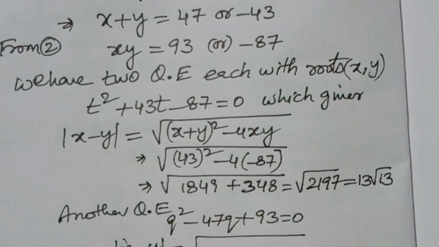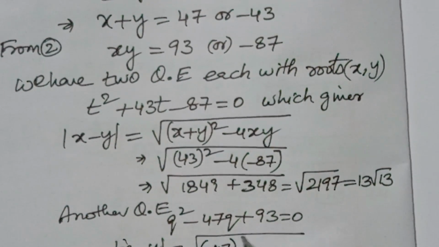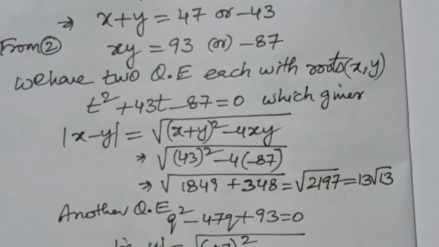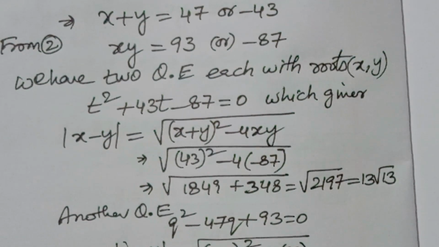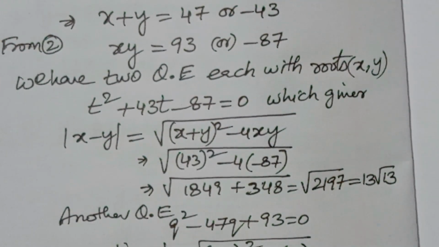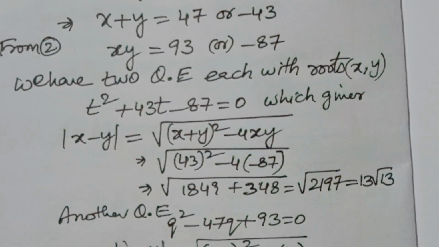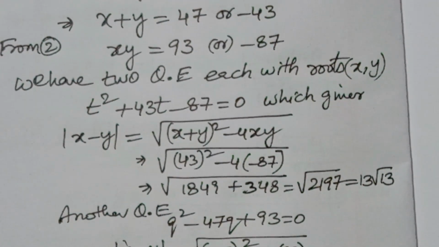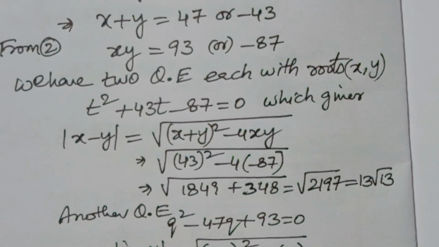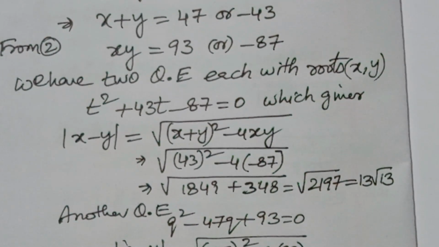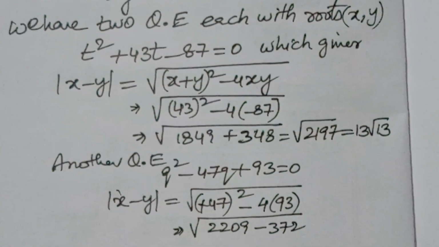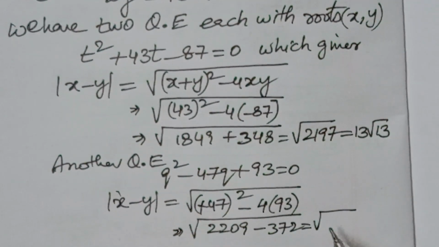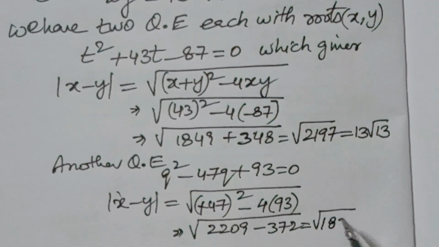So you'll get the square root of minus 47 squared minus 4 into 93. So here what we get is the square root of 2209 minus 372, that is equal to the square root of 1837.